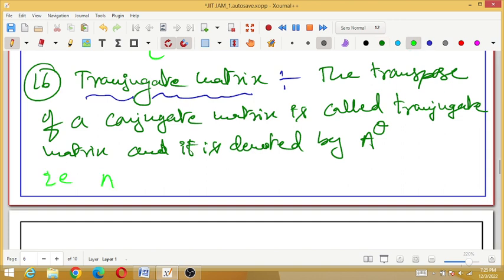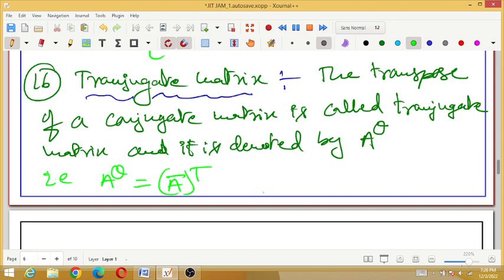That is A power theta is nothing but transpose of the conjugate matrix. These are some important types of conjugate matrix.